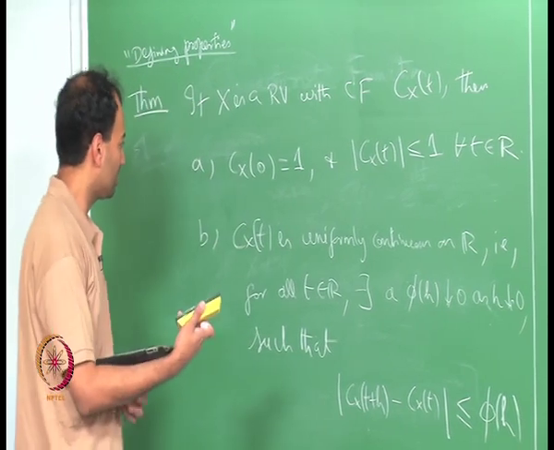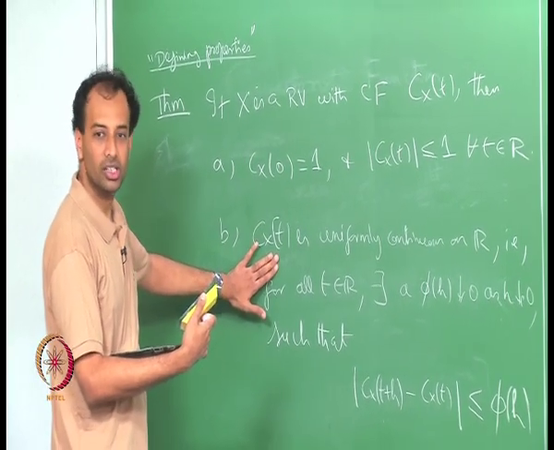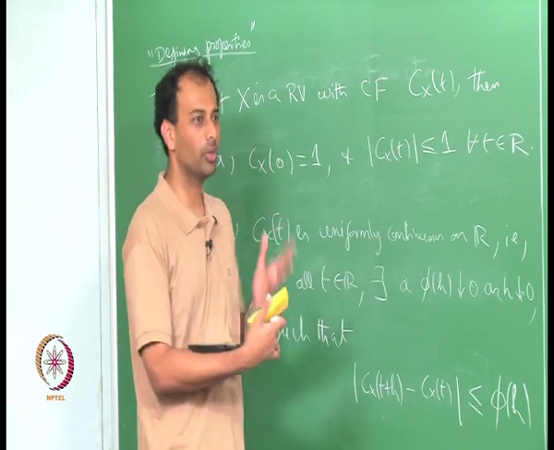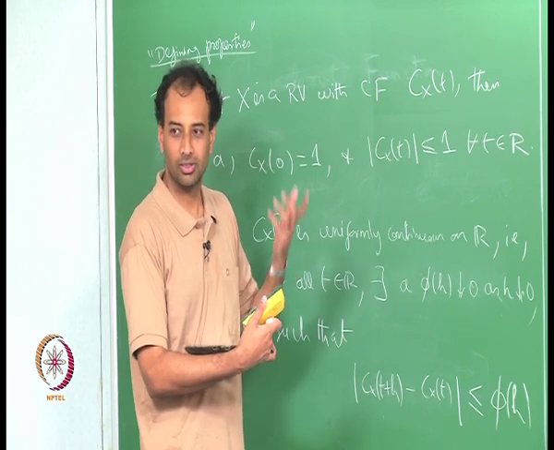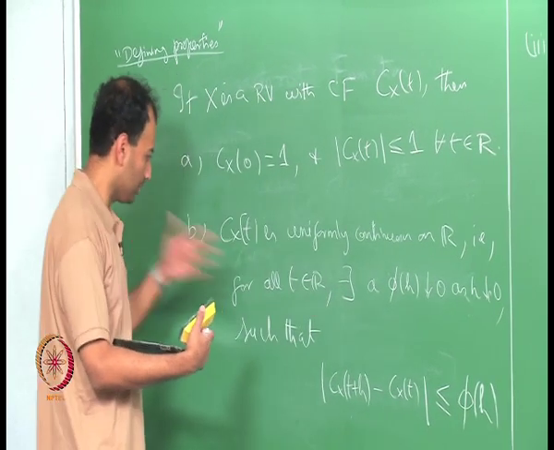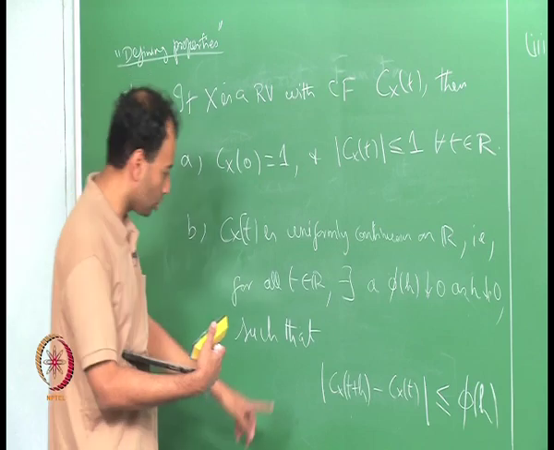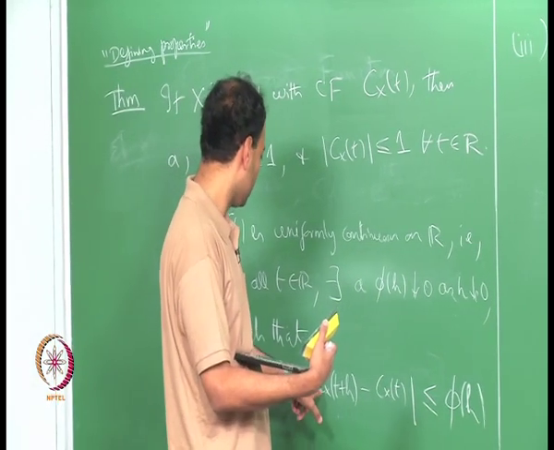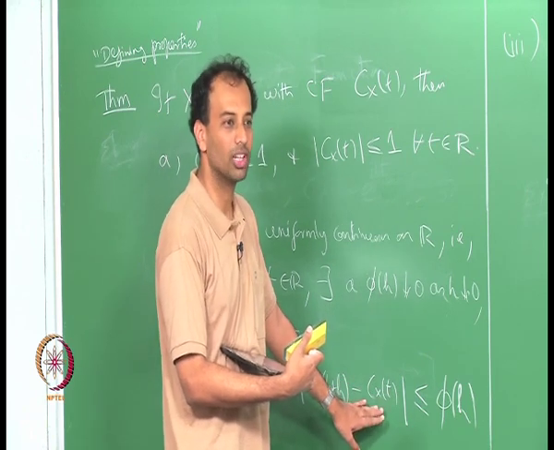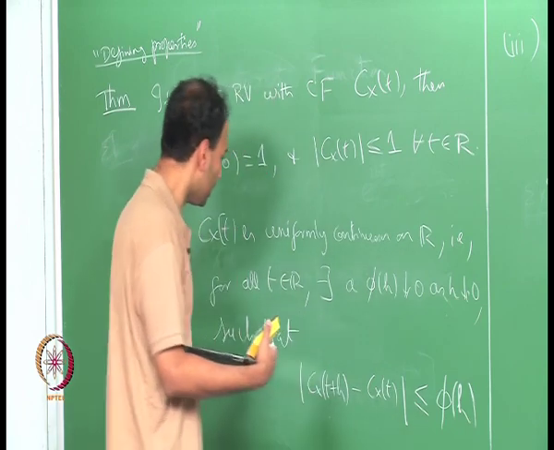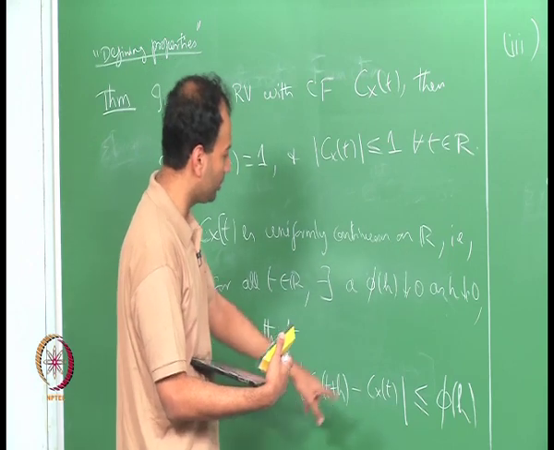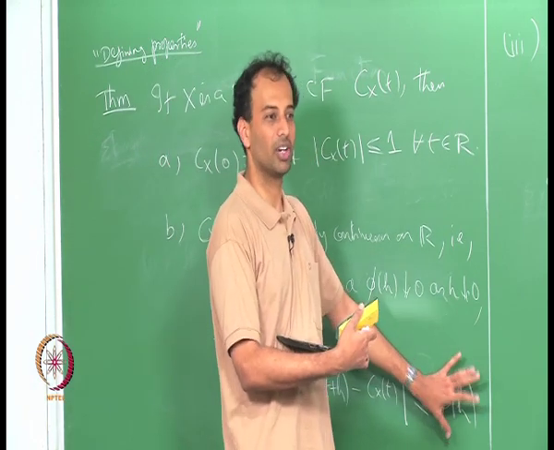So, this essentially says that the characteristic function is a continuous function of t, is actually a uniformly continuous function of t. Uniform continuity is a stronger form of continuity. Okay. Uniform continuity implies continuity, but not the other way around. In particular, uniform continuity is exactly what I have said here. Normally by continuity you mean that this absolute difference goes to 0 as h tends to 0. But in the case of uniform continuity, no matter what t you choose, this absolute difference is uniformly bounded by this function phi of h.